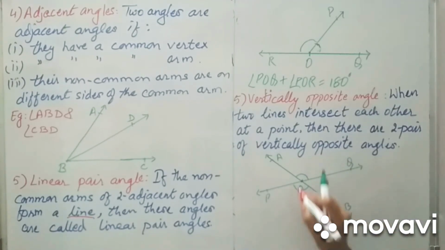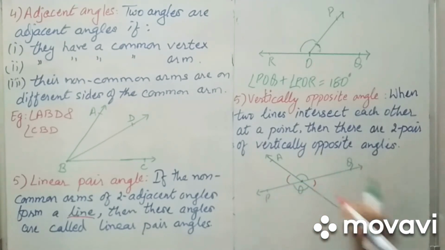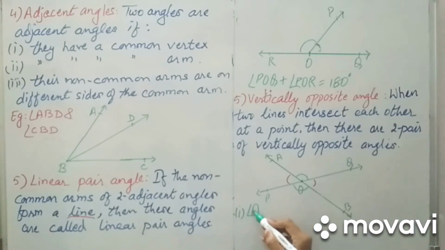These two are vertically opposite angles and these two are another pair. So the first pair is angle AOQ and angle POB. The second pair is angle AOP and angle QOB. These are the two pairs of vertically opposite angles.